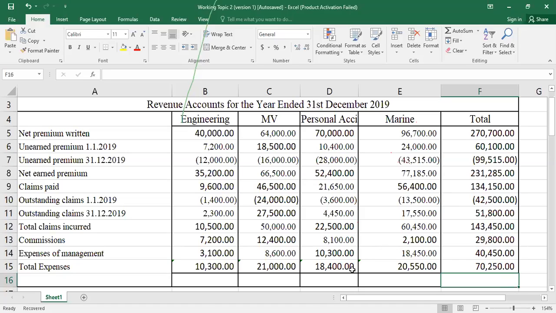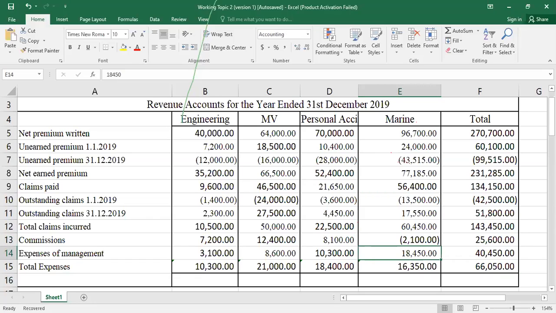So this one is supposed to be a negative, not a positive. Just cross-checking. So there we are. I don't see any other figure that has been misposted.